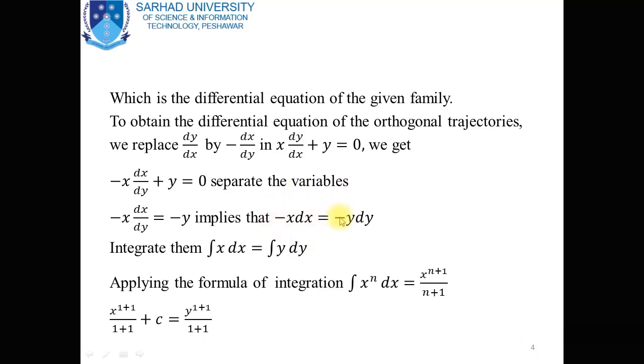So now we can solve this differential equation by taking the integration of x with respect to x and integration of y with respect to y. So the integration of x is x to the power 1 plus 1 divided by 1 plus 1, plus c, this is the constant of integration, and integration of y is y square divided by 2.